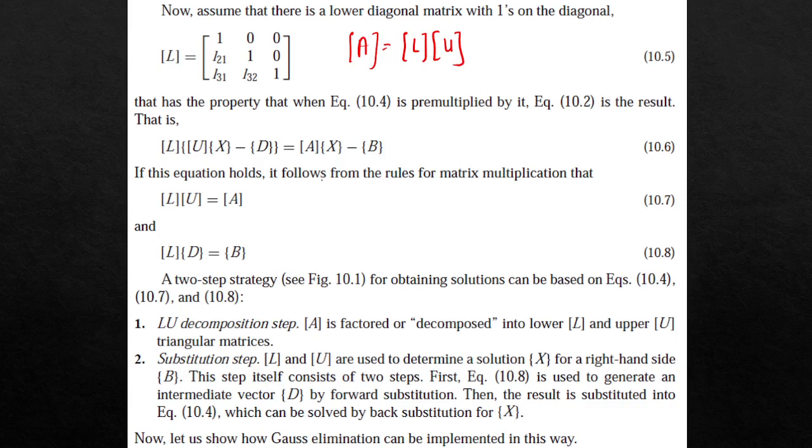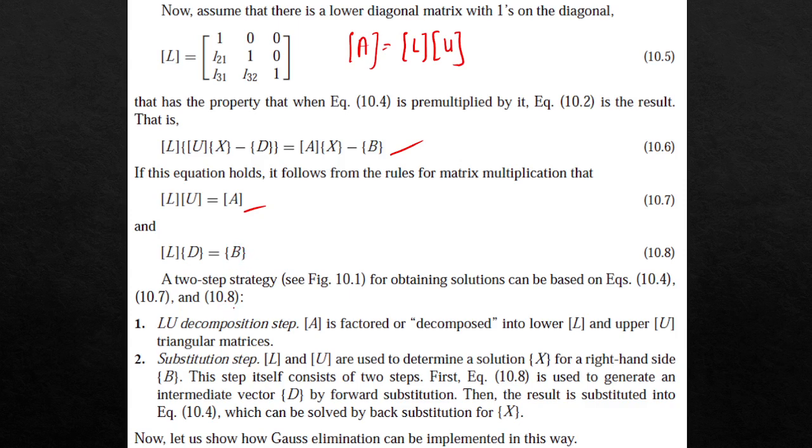So let's proceed. If this equation holds, it follows from the rules of matrix multiplication that they should be equal. And the lower times the determinants should be equal to the constant matrix.